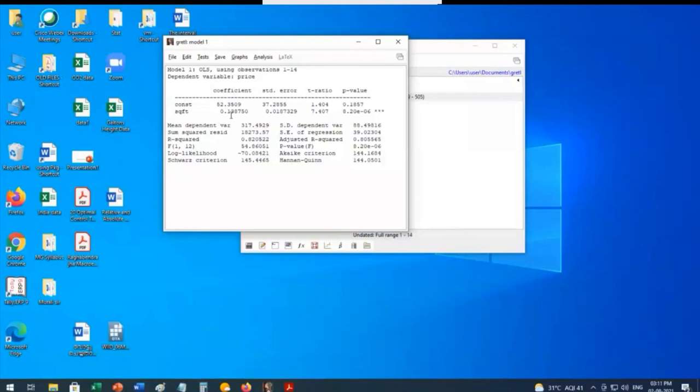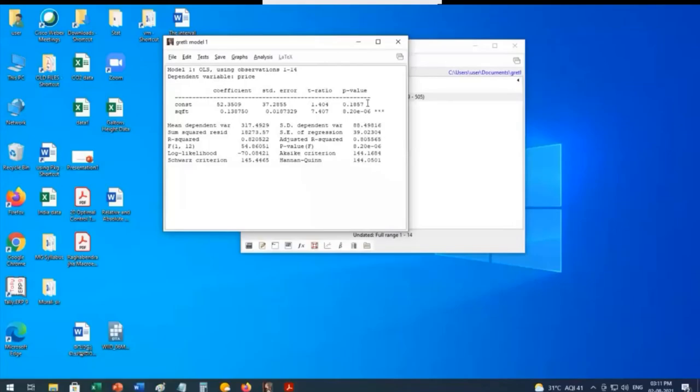Now the T value of the estimate of the constant is 1.4. The corresponding P value is 0.1857. Now, how do we do the hypothesis testing in the context of the regression equation? Constant is equal to 0.